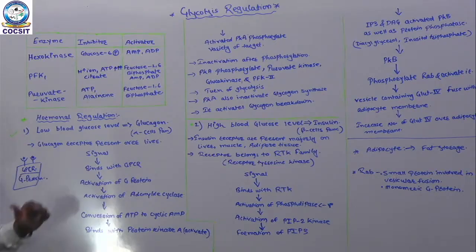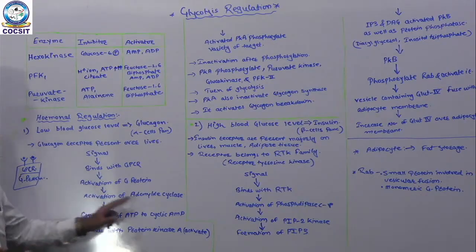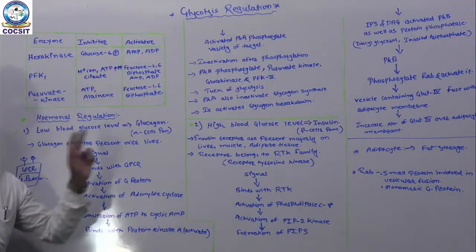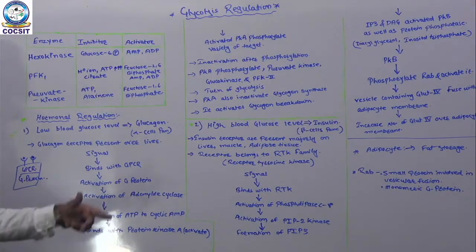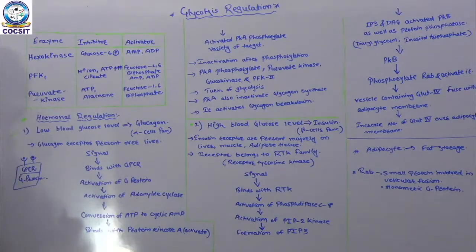Now what is the impact of this activation of G protein? It is going to activate adenyl cyclase, through which ATP will get converted into cyclic AMP.